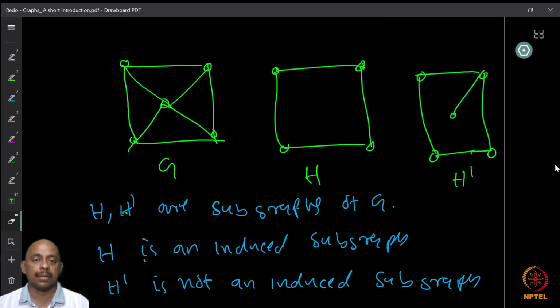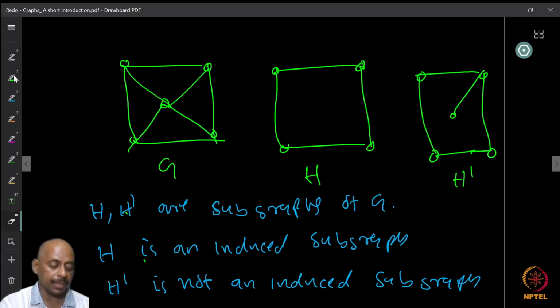So here are some more examples. You have the graph G. The graphs H and H dash are subgraphs of the graph G. H is a subgraph because we can see clearly that the vertex set is a subset.